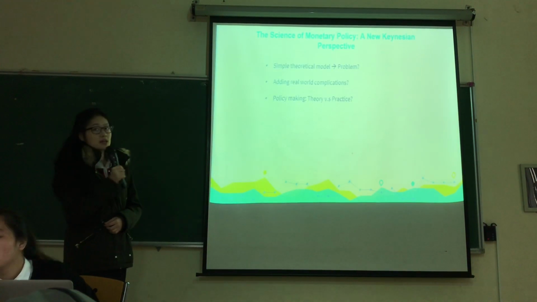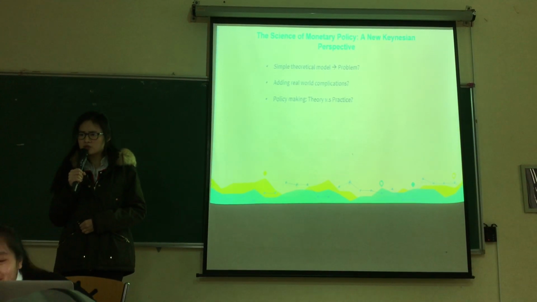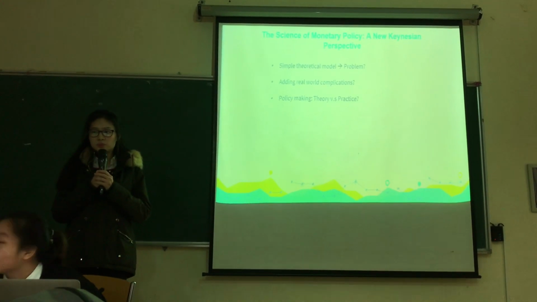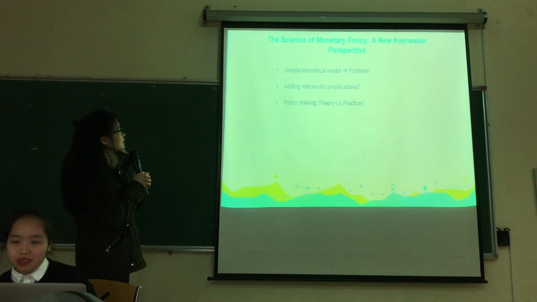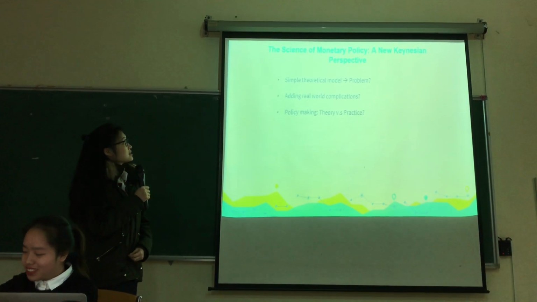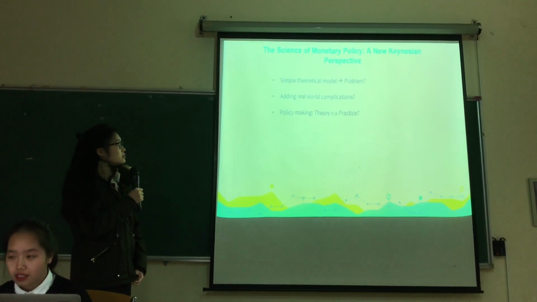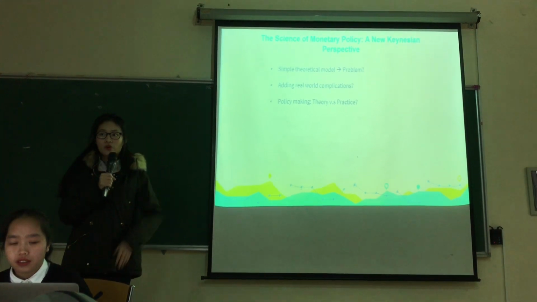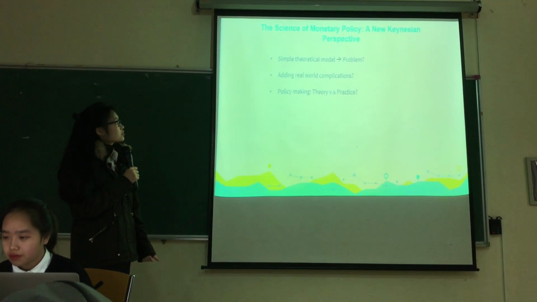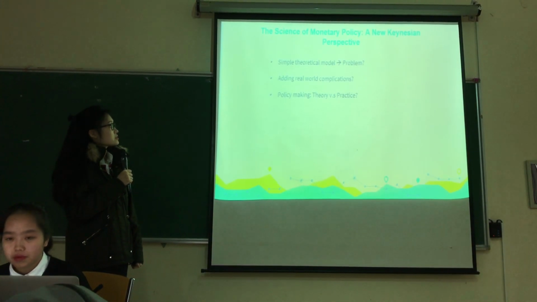The second article is The Science of Monetary Policy: A New Keynesian Perspective. In this article, they have three main sections. The first points out the problems in the simple theoretical models before the three equation models, and the usefulness of the new three equation models.